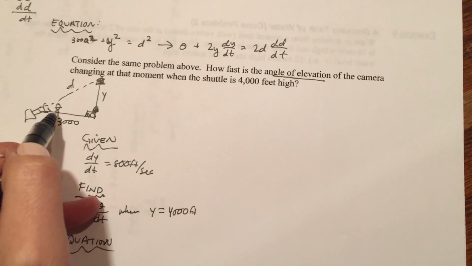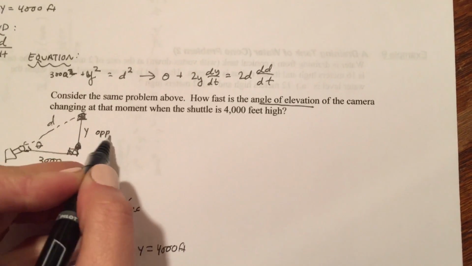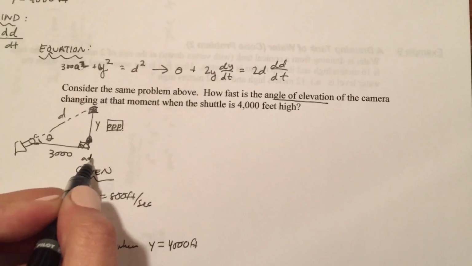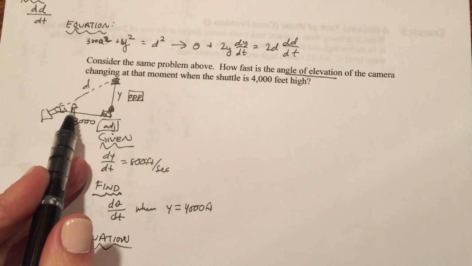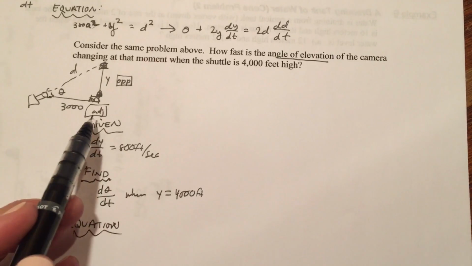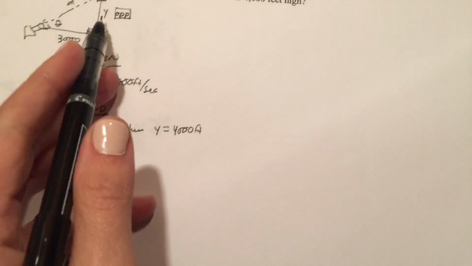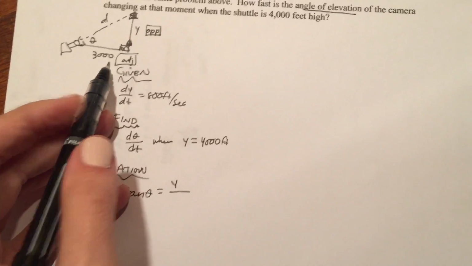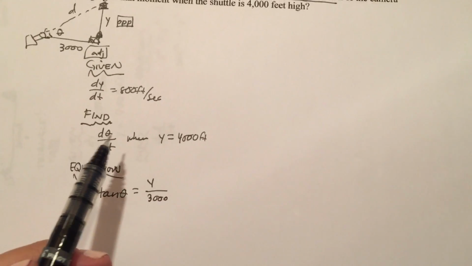And I know that this angle, in relation to this reference angle, we've got our opposite side and our adjacent side, okay? So if I set up a ratio here, trying to figure out an equation that's relating these two, opposite, adjacent, I should immediately think tan of theta is going to give me opposite y divided by my adjacent side, which is 3,000, okay?